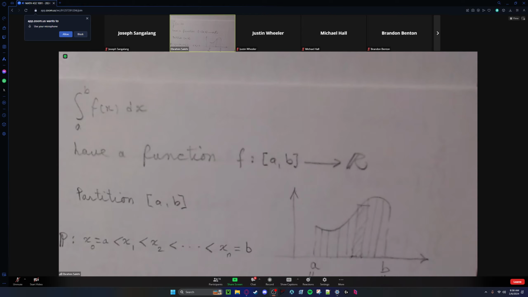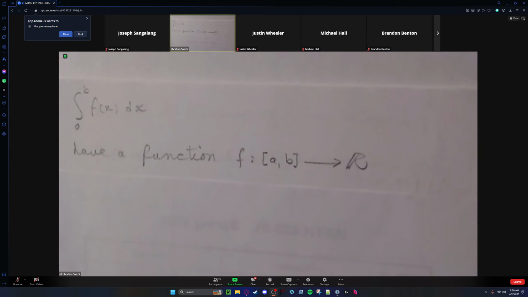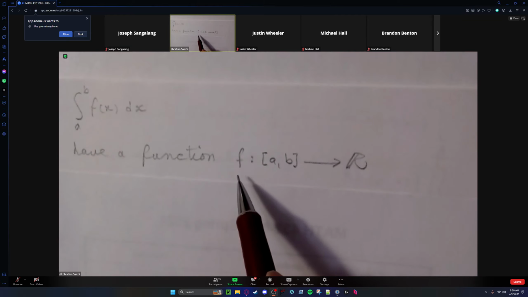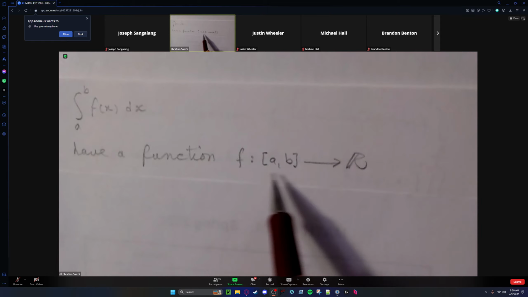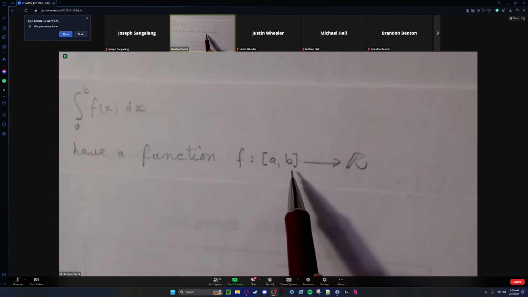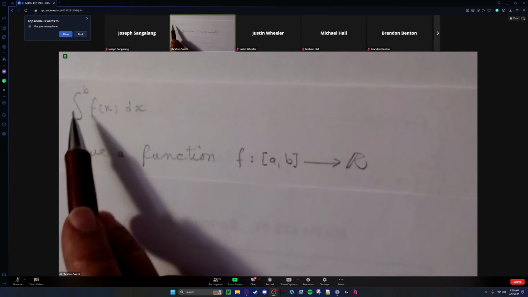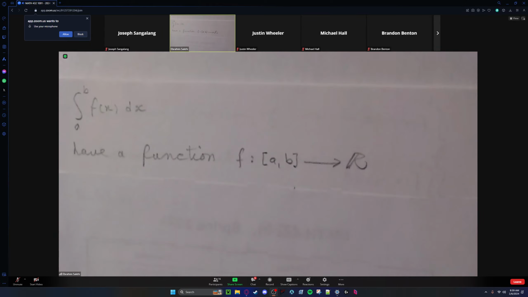In calculus 1, you want to have a, let's say, nice function, real valued on that interval, and you want to integrate. Now, what is that integration?